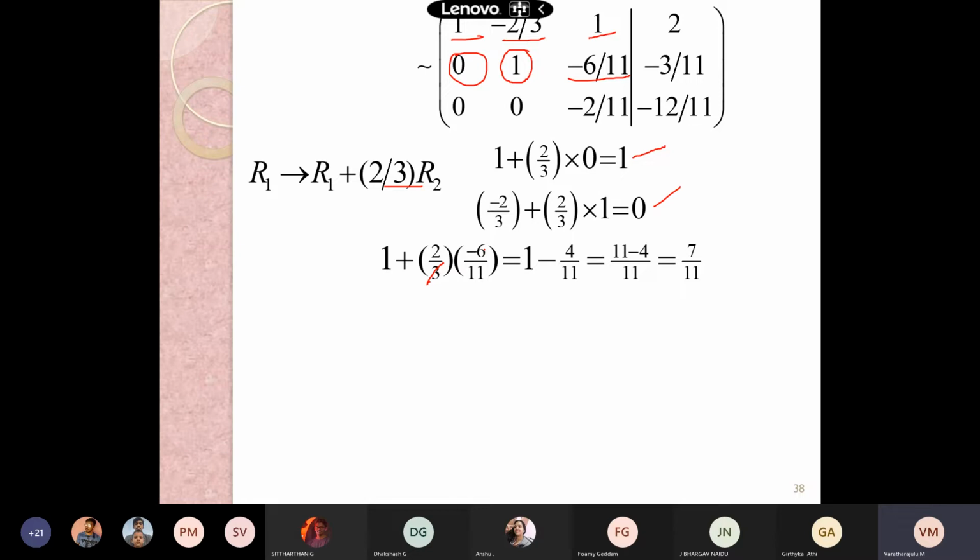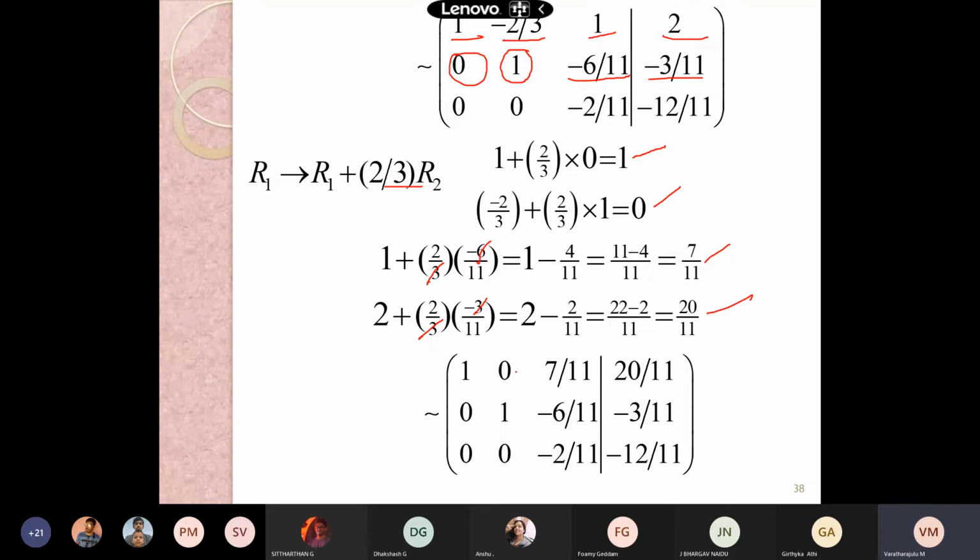This 3 and this 6 become minus 2, and minus 2 into 2 becomes minus 4, and 11 minus 4 becomes 7 by 11. And my last term is 2 plus 2 by 3 into minus 3 by 11. Dividing this 3 and 3, 2 minus 2 by 11. 2 into 11, 22 minus 2 by 11, that is 20 by 11. And this is the new row 1: 1, 0, 7 by 11 and 20 by 11.